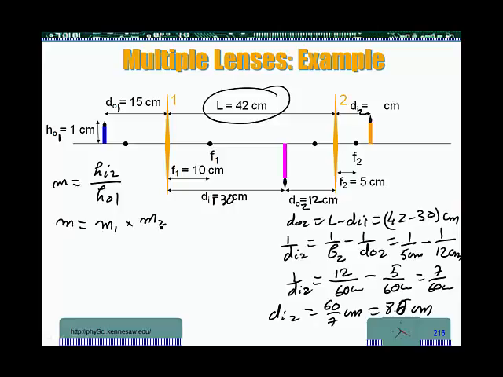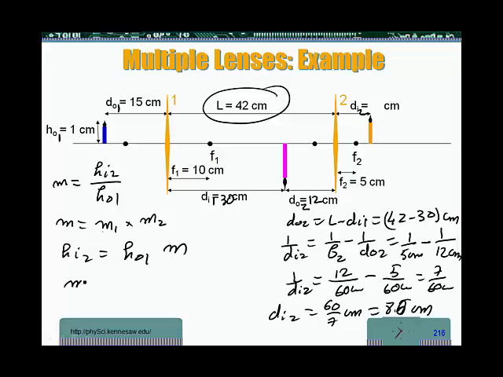If I'm trying to find the height of the final image, HI2 is simply HO1, which is given, times M. So I need to find what M is.